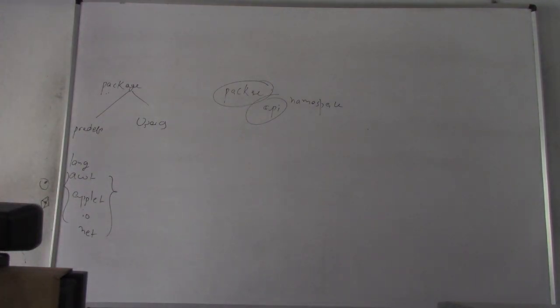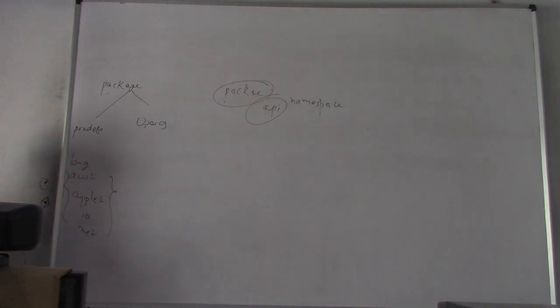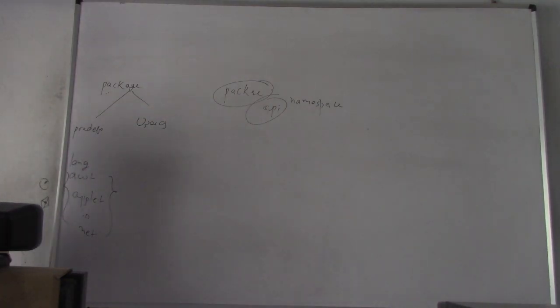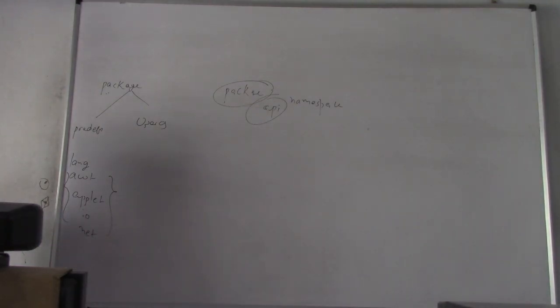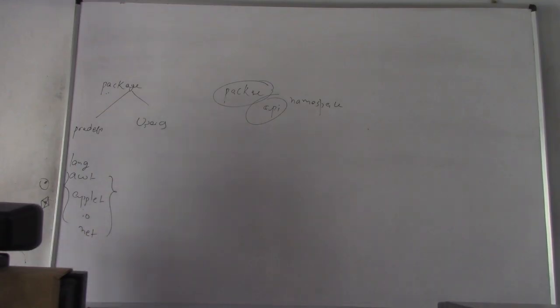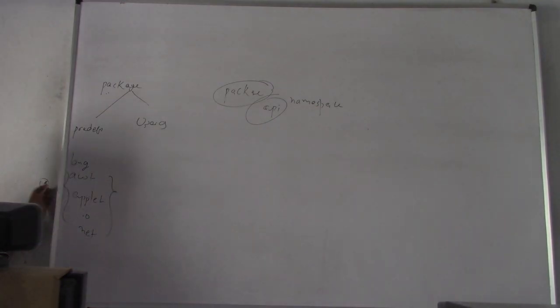If possible I will take that session online, because it is very difficult to explain, since the intuition is different. AWT is where you can create your frames. Applet we have to discuss, but it is almost outdated. IO is for input output operations, then networking, and similarly the SQL package.